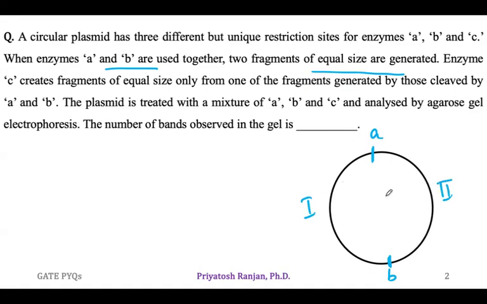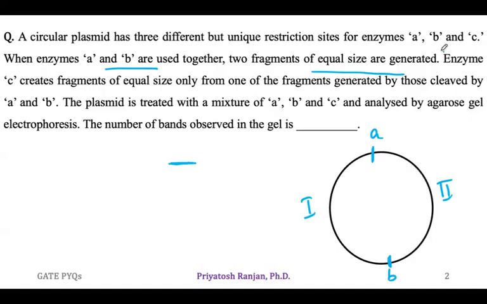But since the molecular weight of these two fragments is going to be identical, we'll be only observing a single band on the agarose gel. As we all know, agarose gel separates biomolecules on the basis of molecular weight as well as on the basis of conformation. Considering that the conformation of the two fragments is the same and the molecular weight is also the same, I'll be getting a single band.